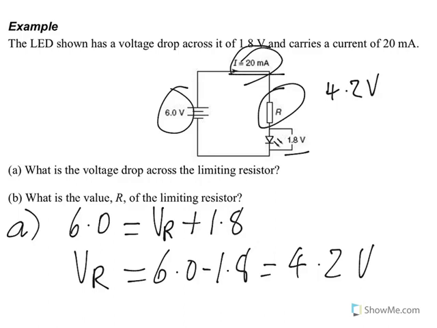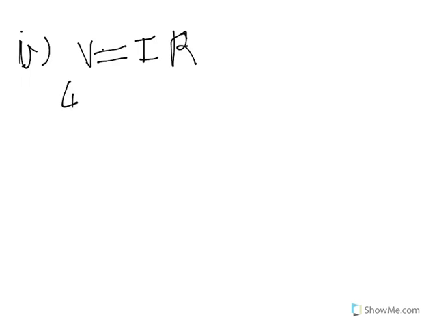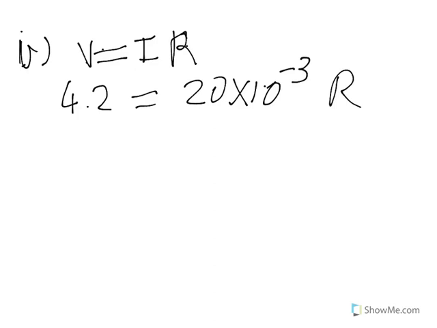The voltage is 4.2, current 20 milliamps. So 4.2 equals 20 milliamps, so that's 20 times 10 to the minus 3, times the resistance. Divide both sides by 20 times 10 to the minus 3, and you find that the resistance of that resistor is 210 ohms.